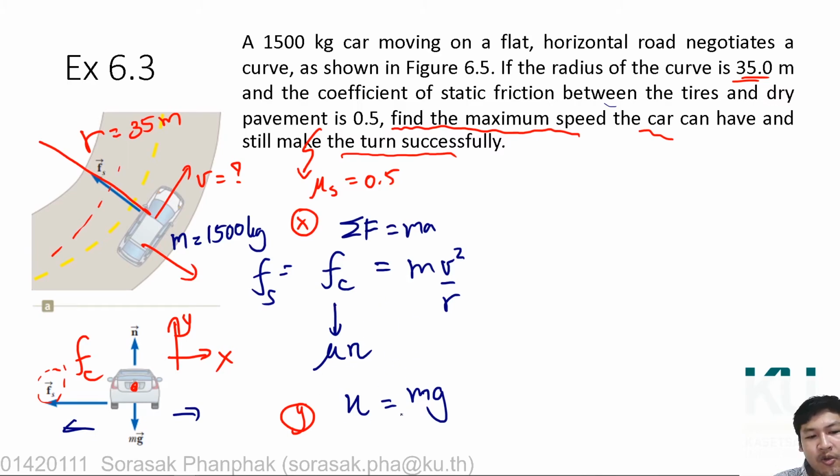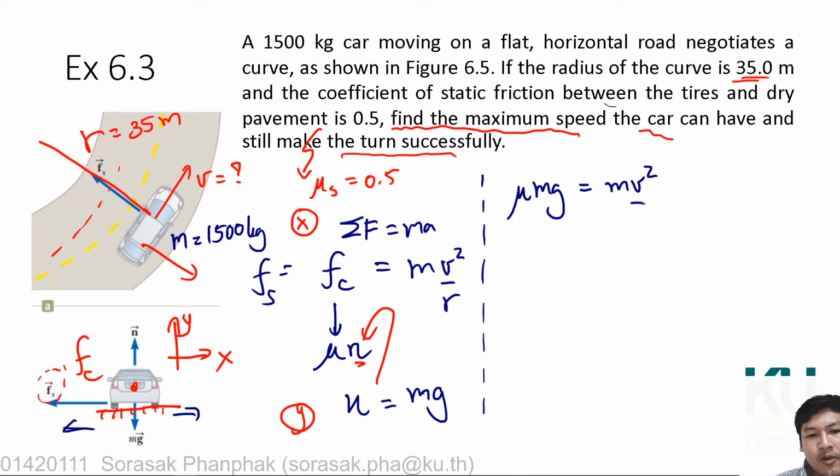Next, I will go quicker and may not write this part, because we already know that n equals mg on a flat surface, right? In this case, I will substitute n into this first. So now you have mu mg equal to mv squared over r.